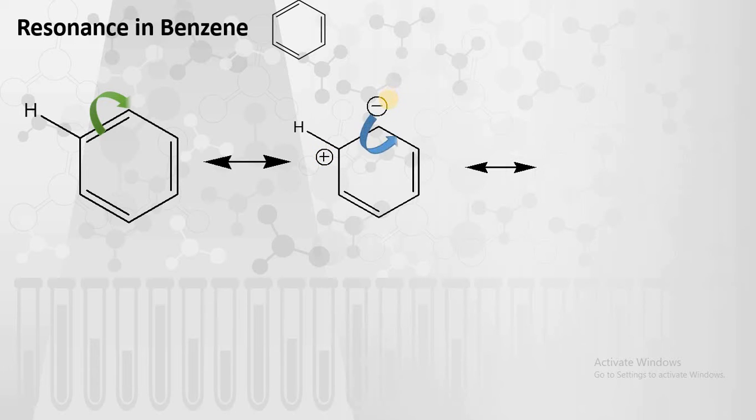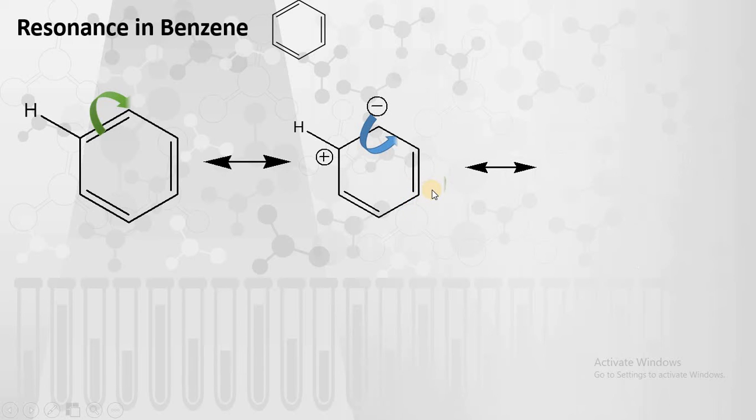Again in the next step, this negative charge is going to shift in between these two carbon atoms, and there is a formation of a double bond. Okay, then in the next step, the next double bond is going to break, and there is a formation of negative charge here on this carbon atom. So what is the next structure?